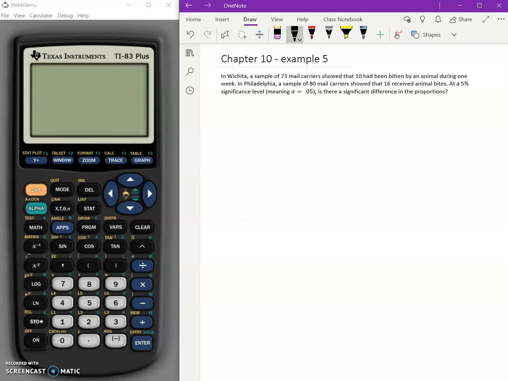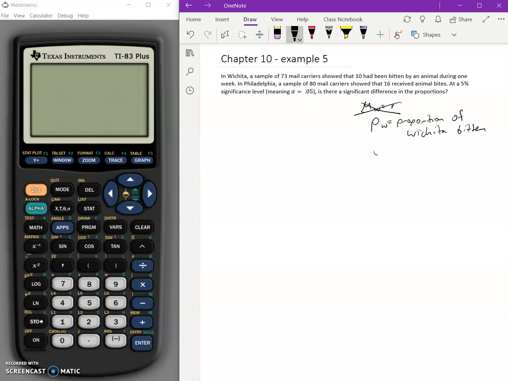the proportions? So again, we'll introduce what our subscripts will represent. So I'll have mu sub w is going to be, actually, in this case, we don't need mu. We're going to call this, say, p sub w is going to be the proportion of Wichita bitten.